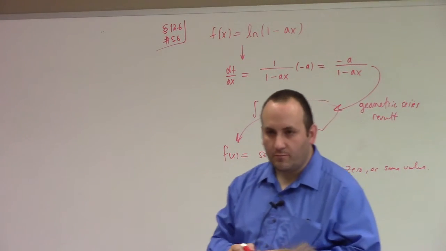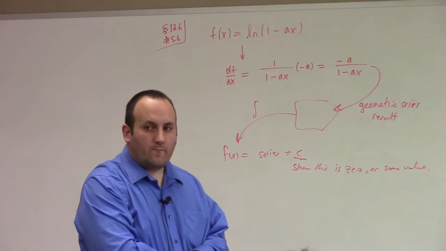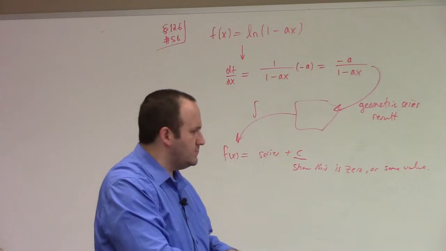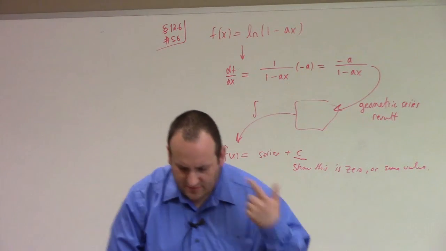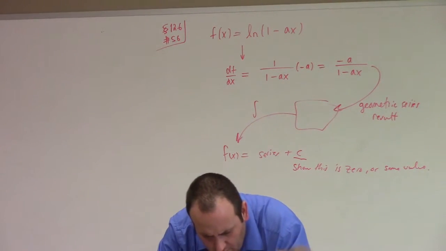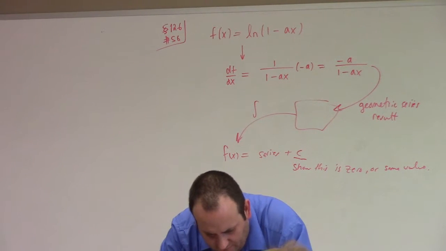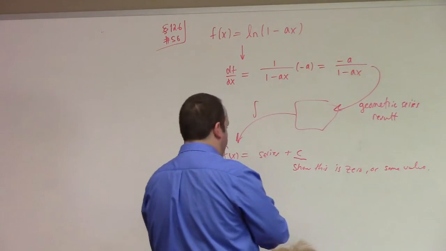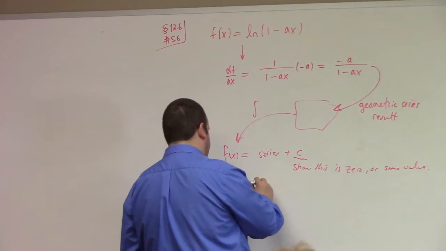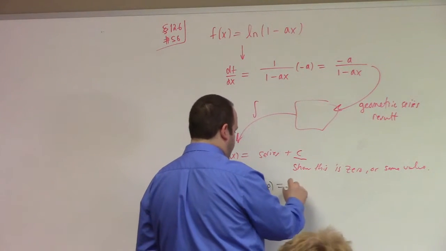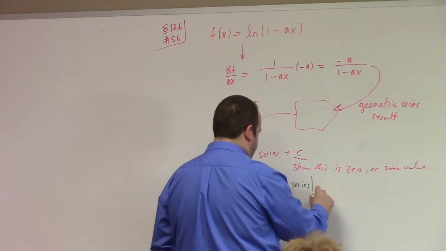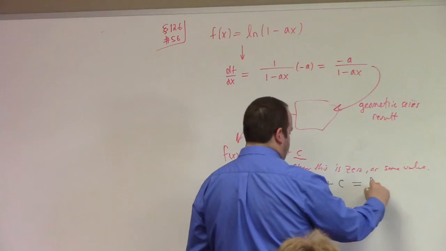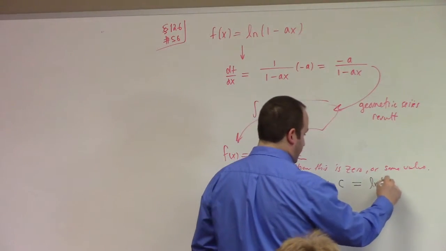Use the Lagrange so that C shows it's 0, or something. You said series plus C. Would you use Lagrange's formula for that? No. To figure this out, you should have f of 0 equal to the series evaluated at x equal to 0, plus c, which is equal to the natural log of 1.